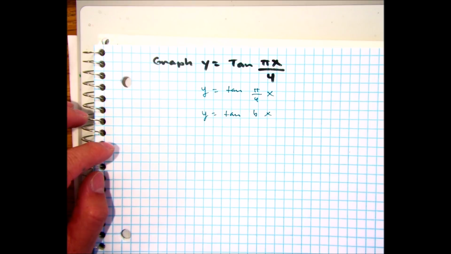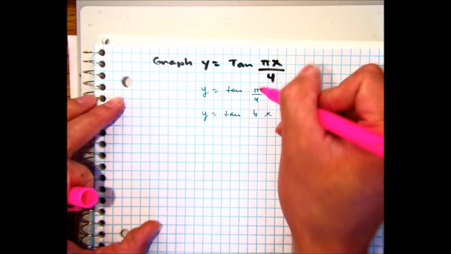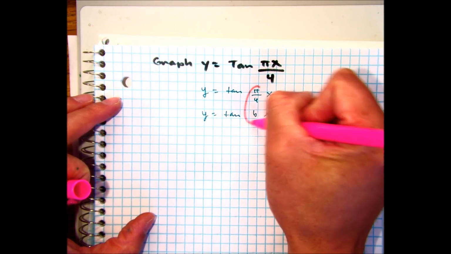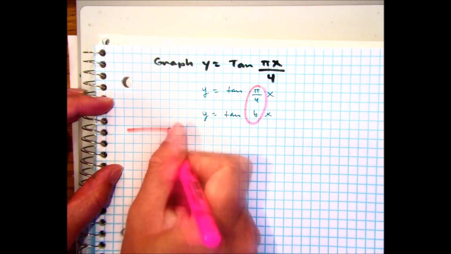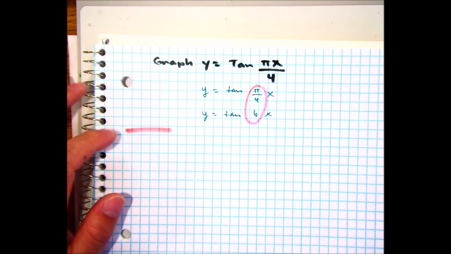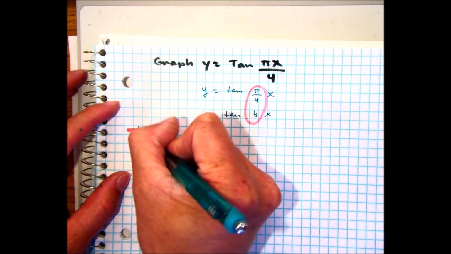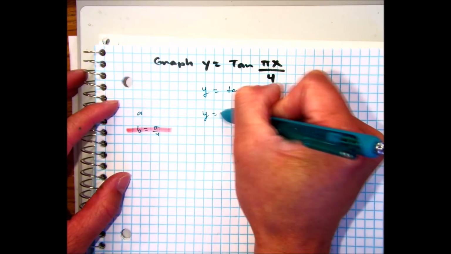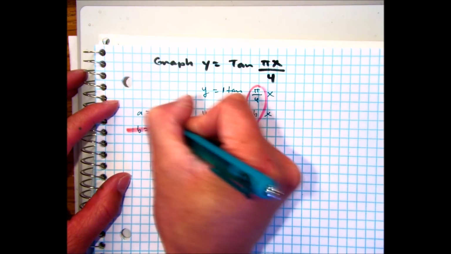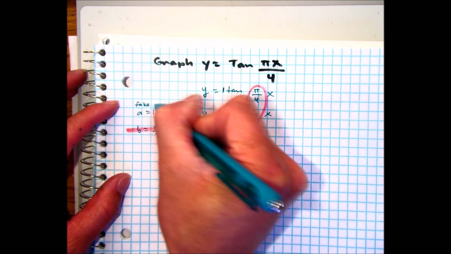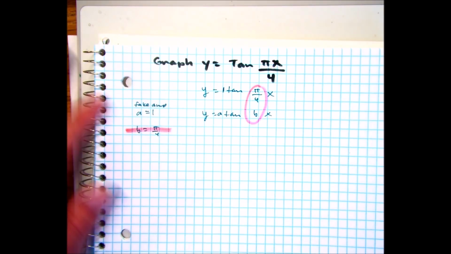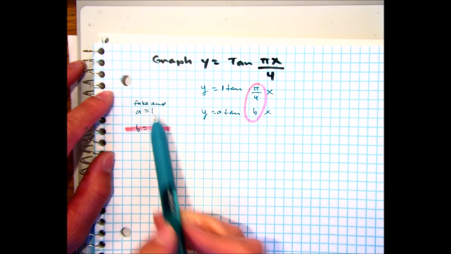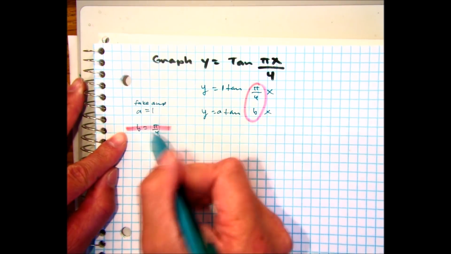Raise your hand if you got pi over 4. So again, you can always rewrite the fractions so that we can see that our b value is pi over 4. My a value is 1, but remember this is a fake amplitude. It's not real because the graph goes higher than that value, but it helps us at least identify points.